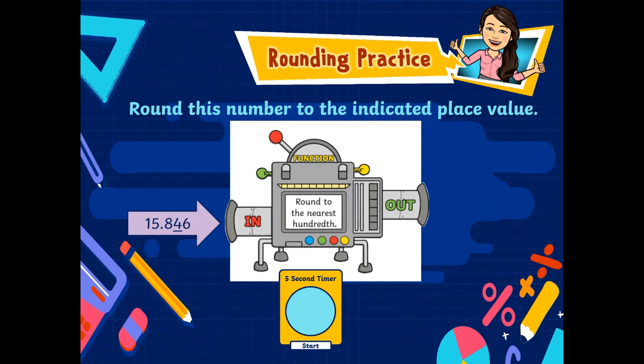Next is by rounding off to the nearest hundredths. Did you round up or round down? That's right, we have to round up. And this gives us 15.85 or 15 and 85 hundredths as the rounded number. Were you able to give the same answer? Good!